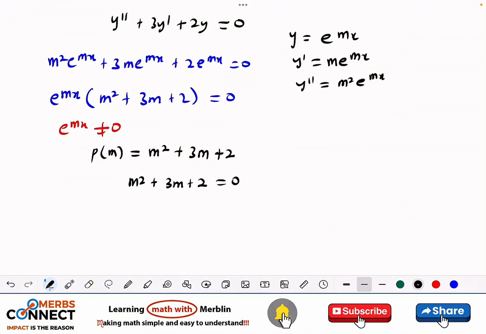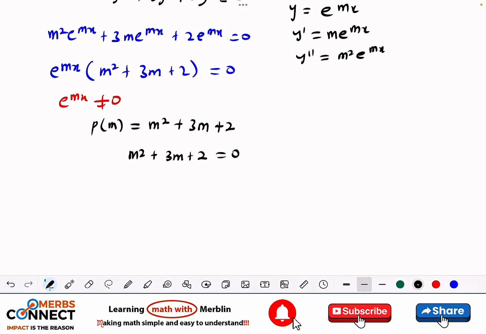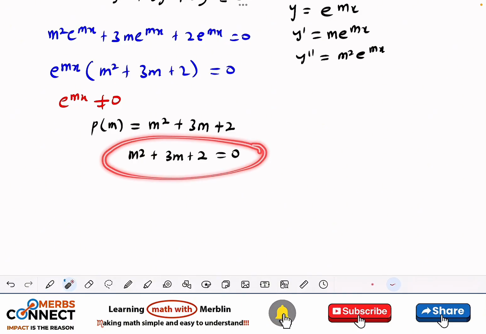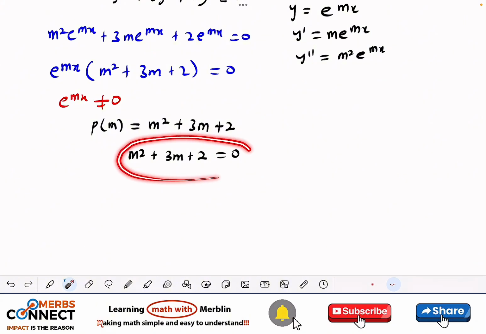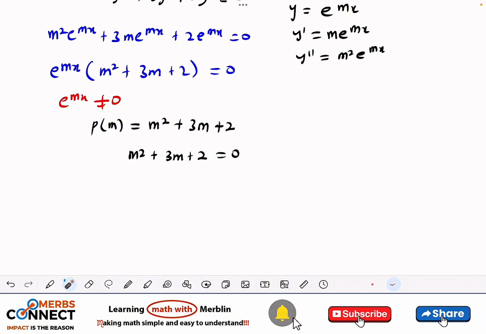So as I said, here you can use factorization, or you can use, let me say, the quadratic formula. You can use the quadratic formula because you don't know whether this is going to be complex or is going to give us two distinct roots. So you can just look at the equation and then you can guess. For me, I can see that this is not going to give us complex because when I square b, and I multiply this one by 4, this one will be 8, this one will be 9.